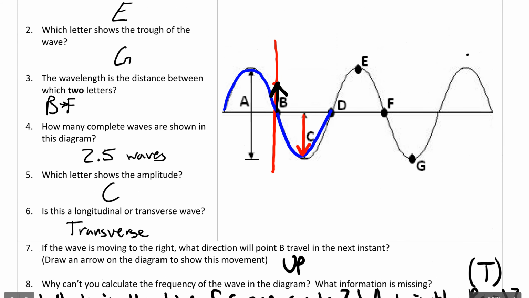What if you had a wave coming in and another wave coming in from the other side, one moving to the left and one moving to the right? How will those waves interact? It's called wave interference, and you get into some really cool stuff. So that's something to look forward to.